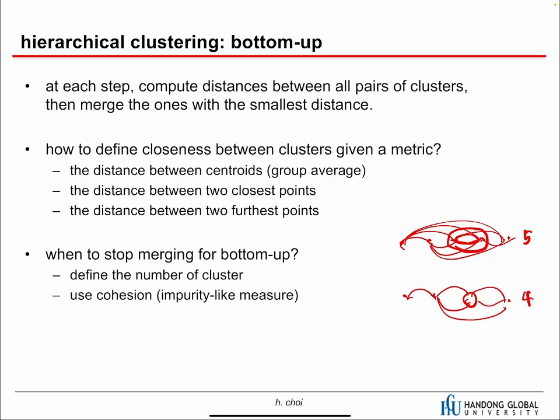Still there is a question. How do we define the closeness between the clusters given a metric? This is the first question we talked about before, right? How can we define the similarity here? Especially when we have clusters with multiple samples, there are a couple of ways to define the similarity. First, we can use the distance between the centroids.